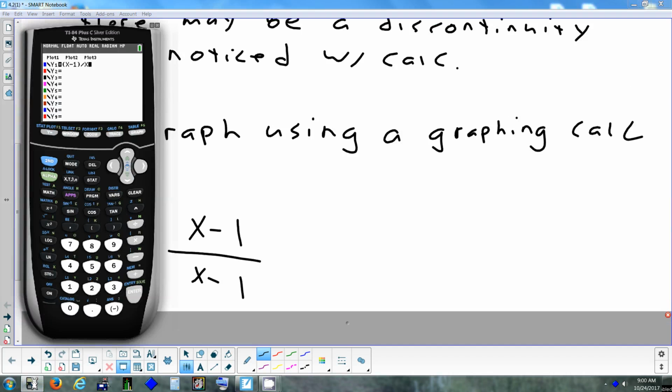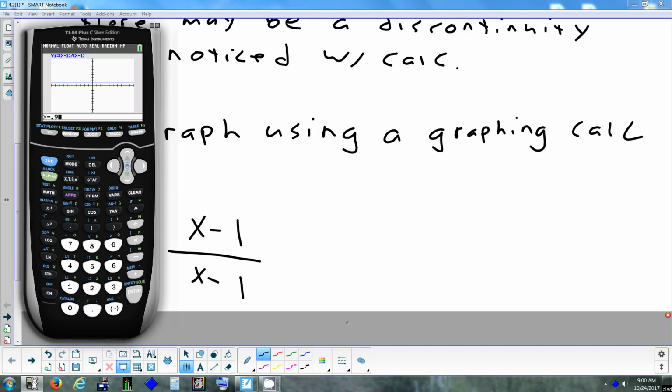So basically what this is going to look like is the line y equals 1, because you're dividing two things that are the same. And if you hit graph, do zoom 6, that's pretty much what it looks like. But we know from looking at the problem that if you try to trace to the number 1, you don't get a value, because it's a removable discontinuity.